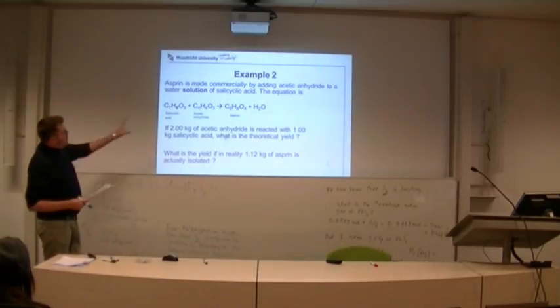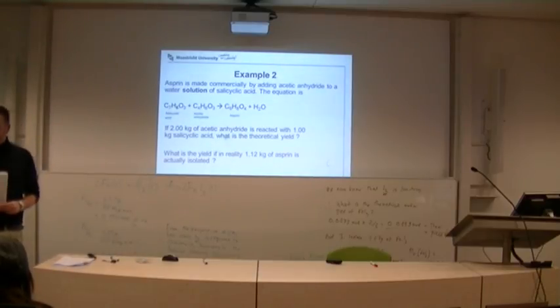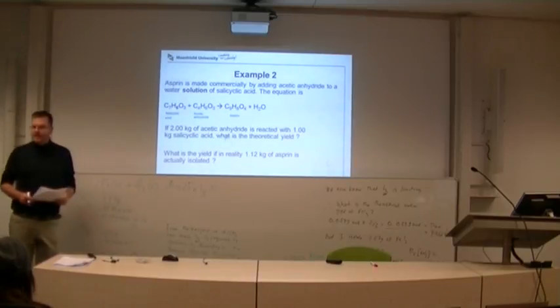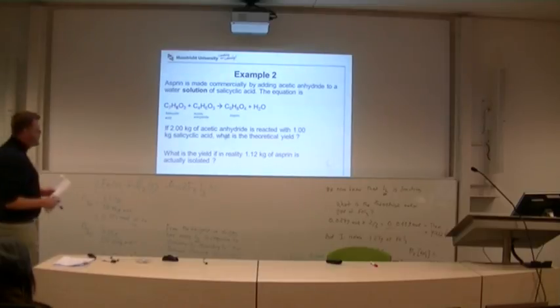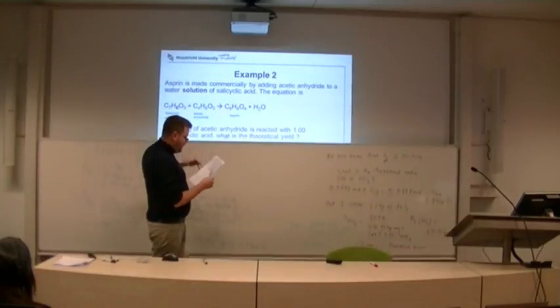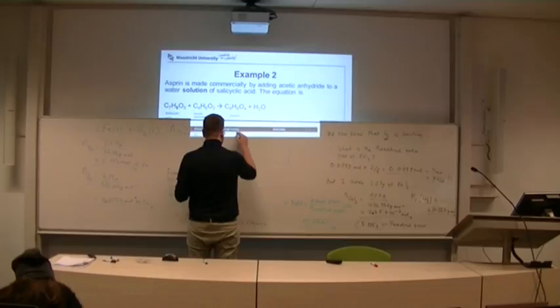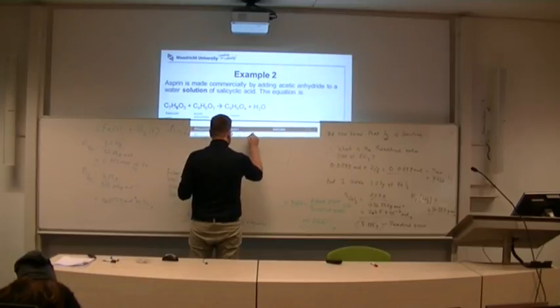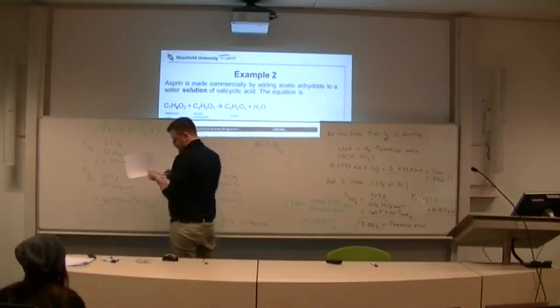Here's a very nice example: the synthesis of aspirin. This is the industrial preparation of aspirin from salicylic acid and acetic anhydride. So you can see this is very important. I'll give you the solution and you can try this at home. The percent yield you should get to is 86.2% aspirin.